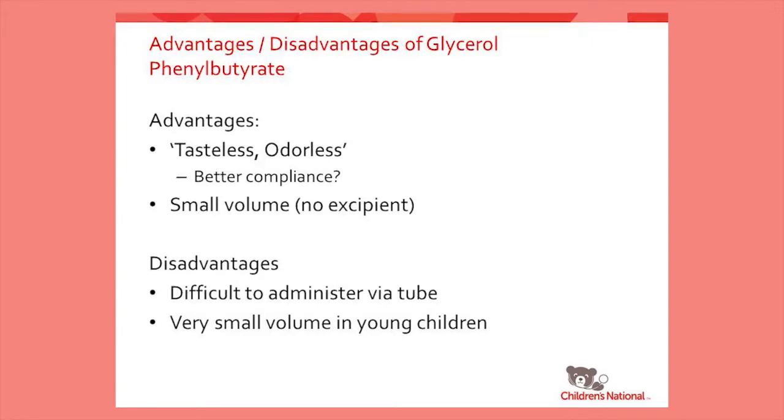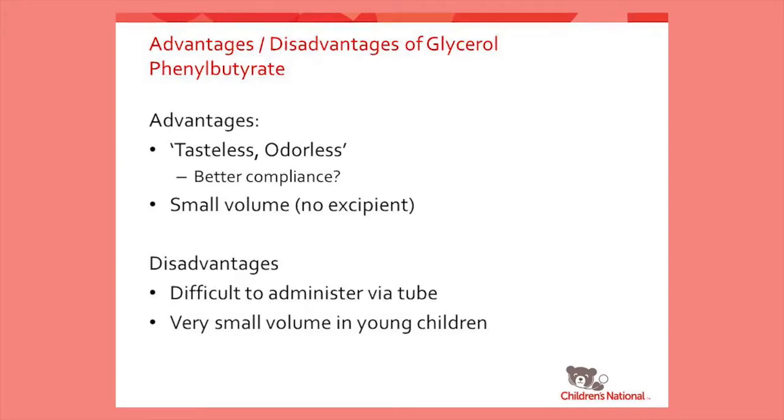But 1 milliliter has 1.1 grams of active substance, so that means they're taking about 30 milliliters a day. That's much more reasonable as a volume of drug. So they will take 10 milliliters, like 2 tablespoons, just 3 times a day, which makes that a lot easier.